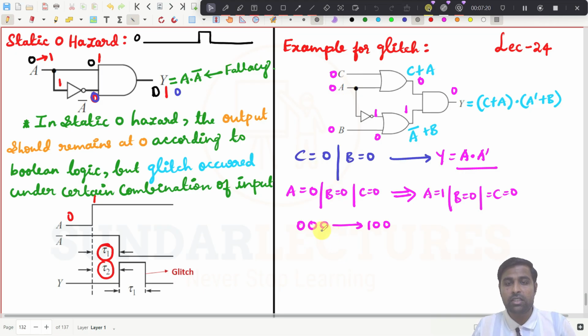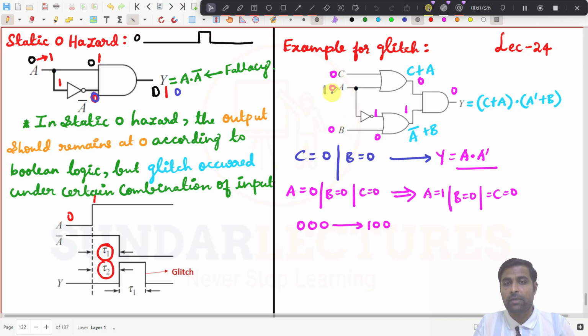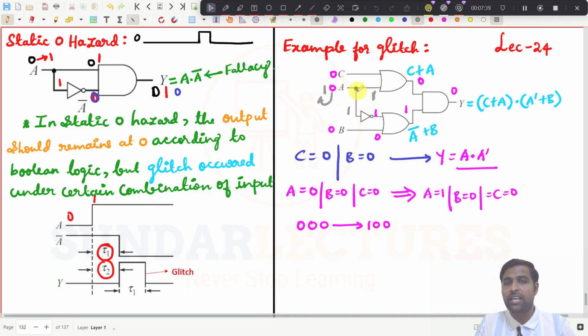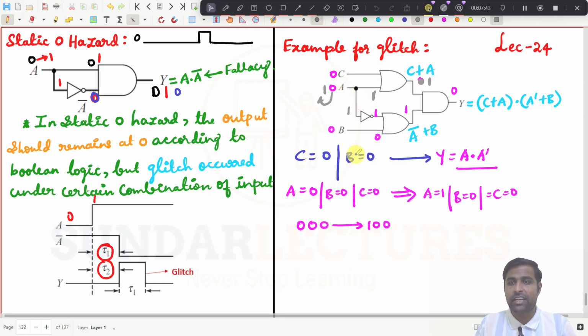What happens now? This A is going from 0 to 1. So now this A is going to 1 from 0, right? If so, then what happens here? This 1 will come here. If this becomes 1 instantaneously because there is no gate here, this output becomes 1 instantly, right?